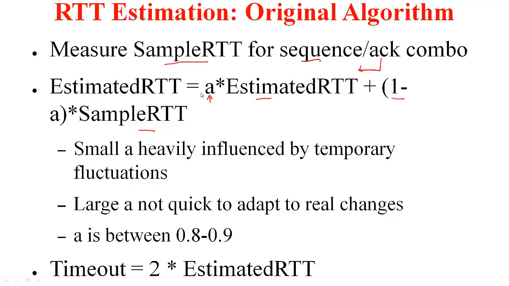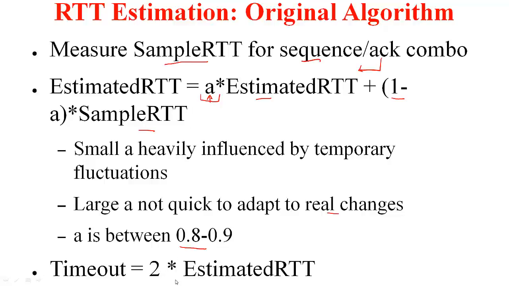Naturally, if you use a small value of A, you are going to react to temporary fluctuations. That is, you are giving more weight to the current samples. On the other hand, if you use a large value of A, you are not very quick to adapt to changes. The original algorithm chose a value of A in a range that large because it didn't want temporary changes to affect the estimates.